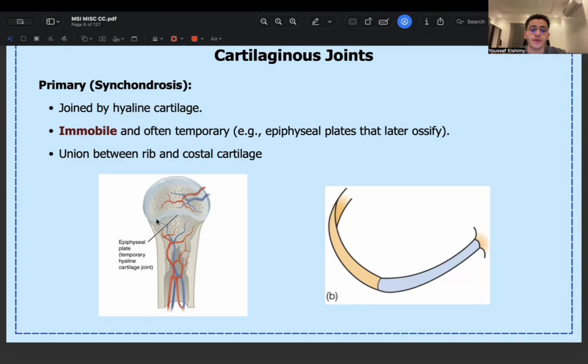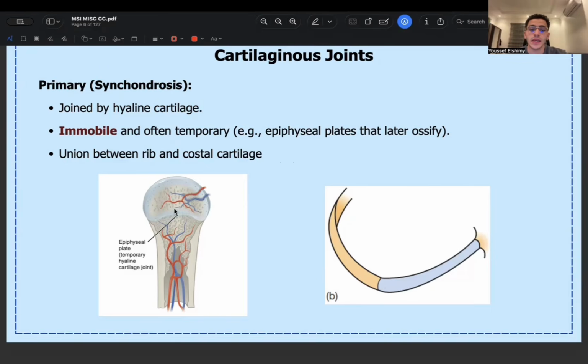It's basically at first a joint, a primary cartilaginous joint, but later it ossifies and becomes a bone. And another example is the union between the rib as well as the costal cartilage. So to recap, the primary cartilaginous joints are immobile. They are joined by hyaline cartilage.